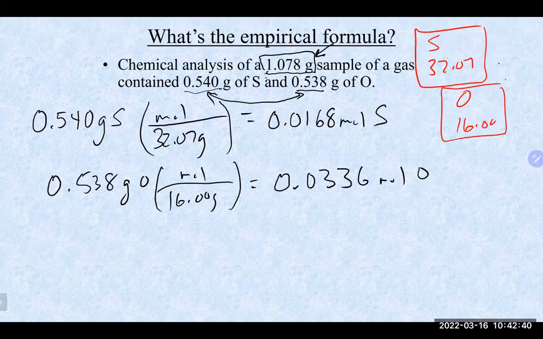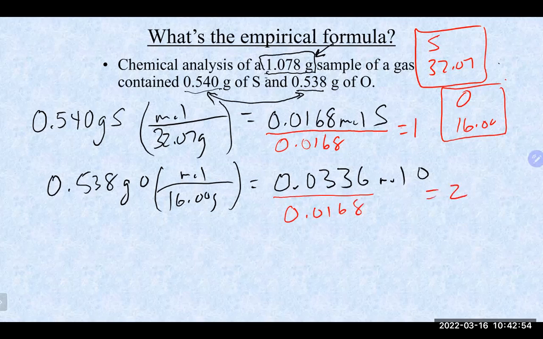At this point, we have converted to moles, and we now want to divide by the smallest number of moles, which in this case is sulfur. So we're going to divide everybody by the moles of sulfur. That obviously gives us a 1 for the sulfur, and dividing the oxygen should give us approximately a 2. That means we did hit all whole numbers. So we are good to go, with our empirical formula being SO2, sulfur dioxide.